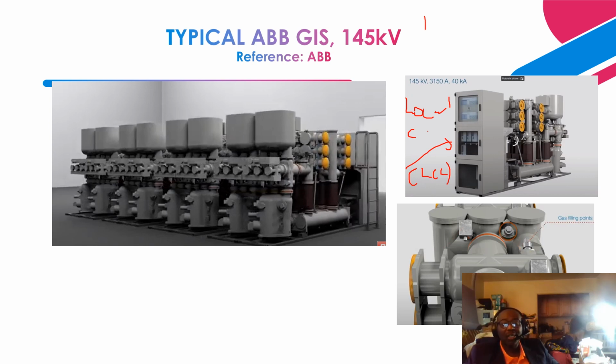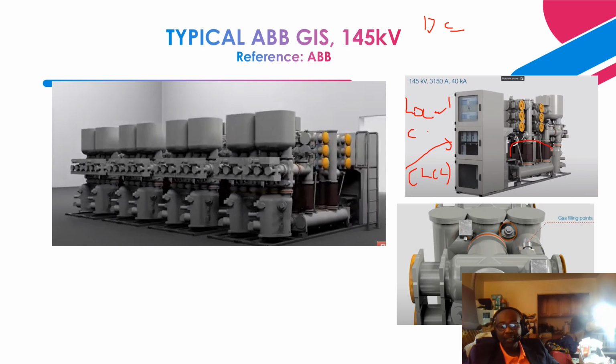If you have a DCS or a SCADA system, an annunciator system, the wiring comes from here to there. So this one is to control the GIS and also acts as the interface between the DCS or the SCADA system and the field equipment.